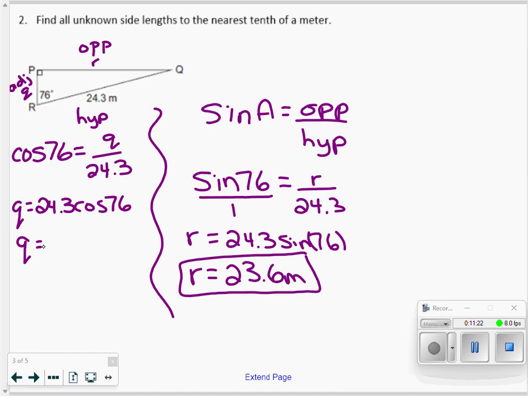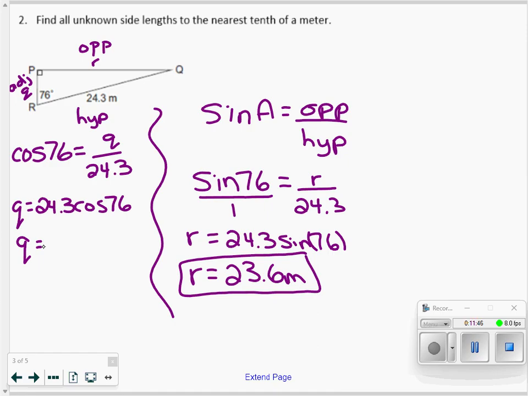And then, Matthew, what'd you get? 5.9, is he correct? What? I'm saying nearest tenths. 5 rounds the 9. You have an 8?